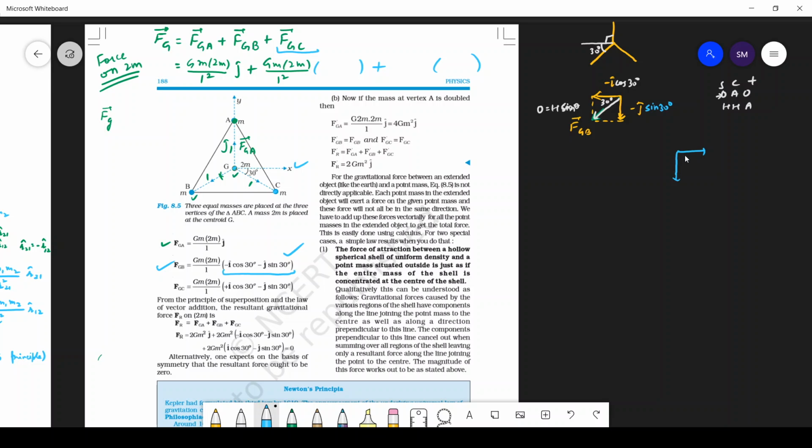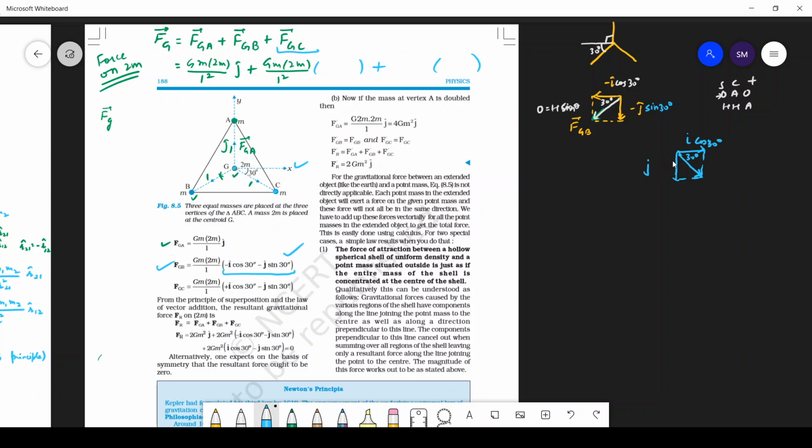So this is your unit vector in this direction. This unit vector can be resolved into these components: i cos 30. So this angle is 30 degree, and this is j.